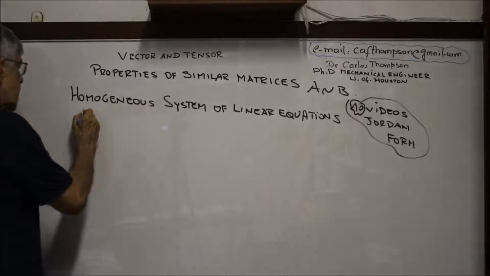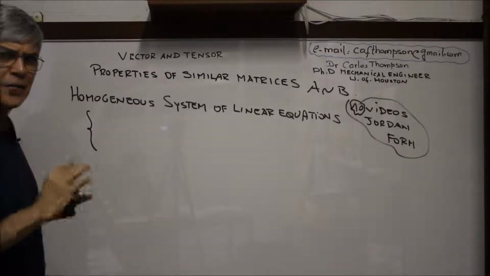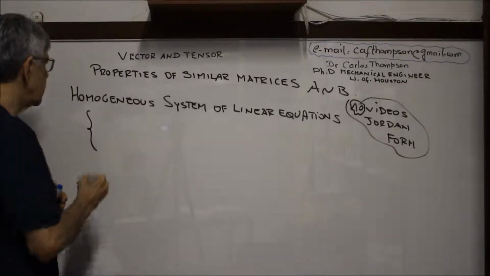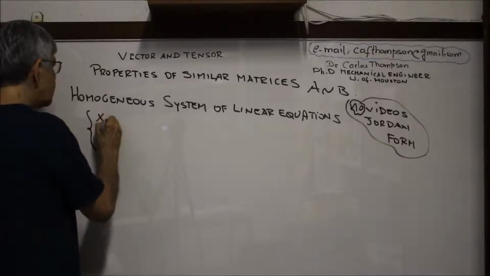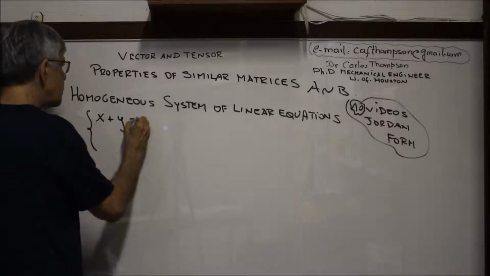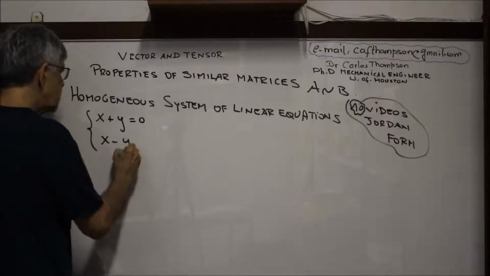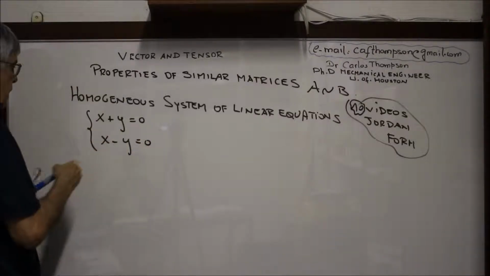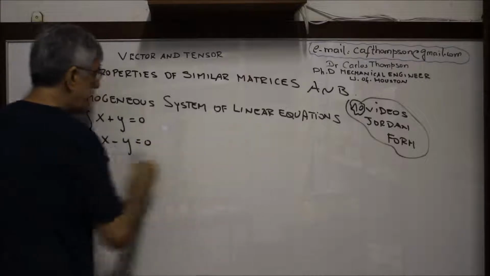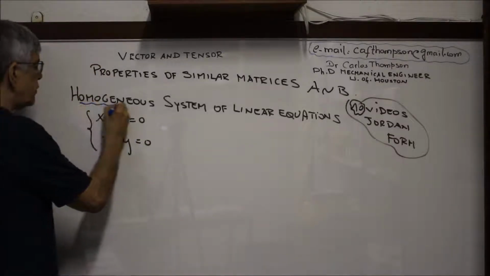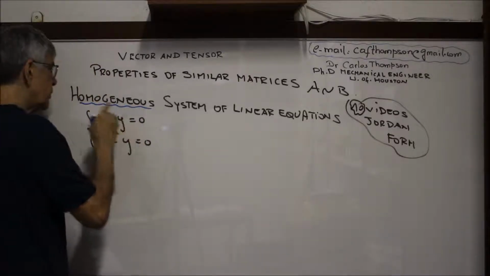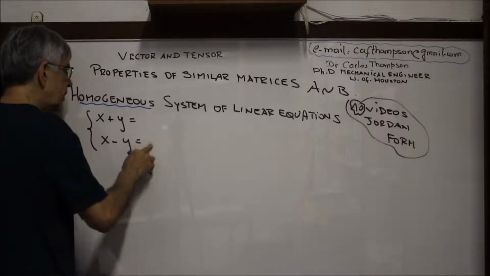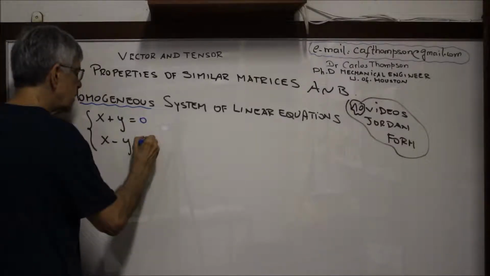Now, what is a homogeneous system? I will start with a very, very simple one. Look, x plus y is equal to 0, x minus y is equal to 0. So, a homogeneous system of linear equations means that the right-hand side is 0.